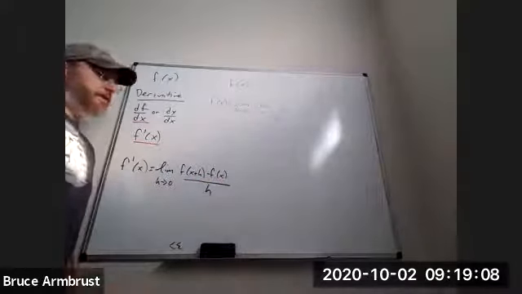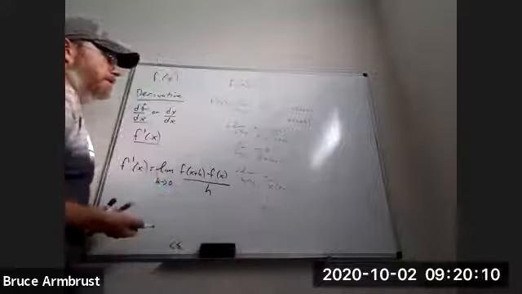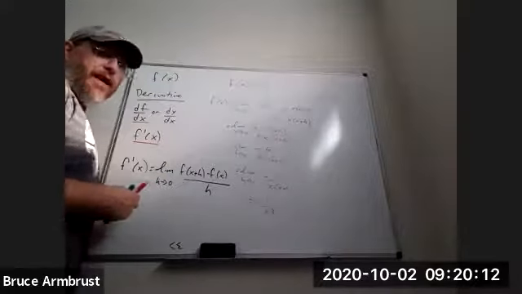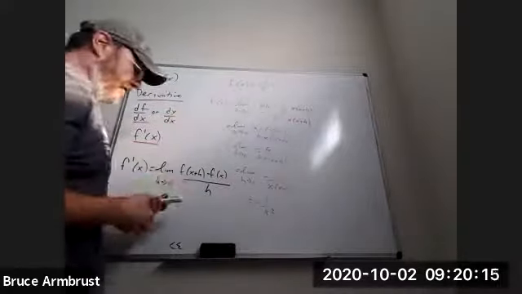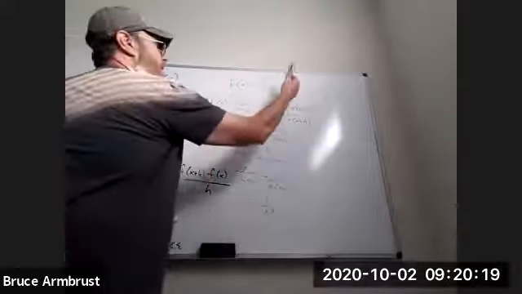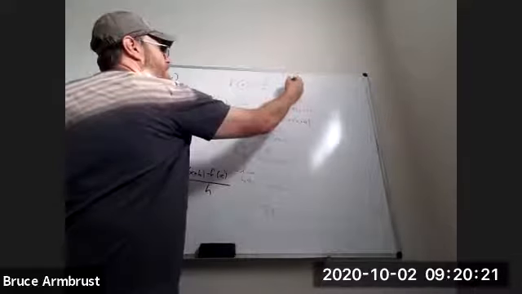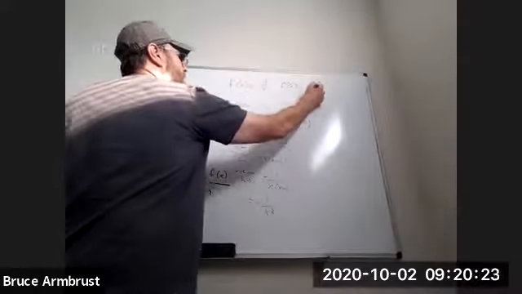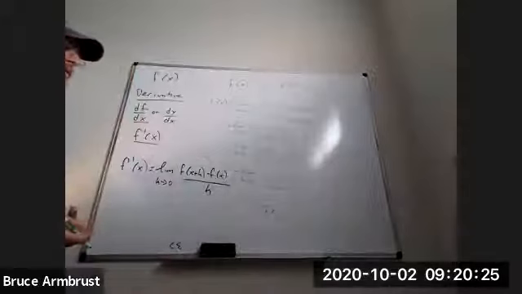So we've got a limit as h goes to 0 of negative 1 over x times x plus h. And now when we put 0 in for h, we end up with negative 1 over x squared. So that's the derivative of 1 over x. If f of x is 1 over x, then f prime of x is minus 1 over x squared.